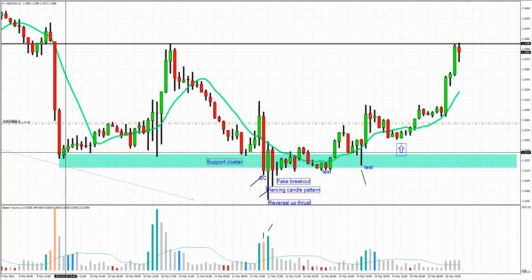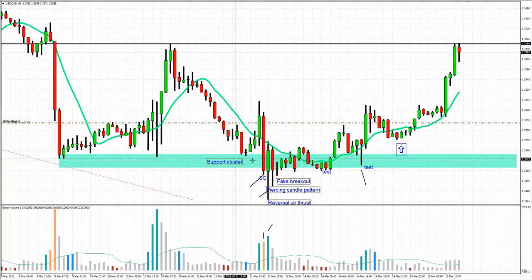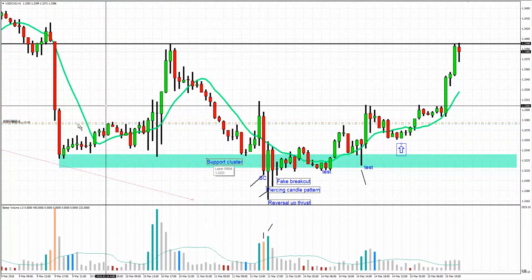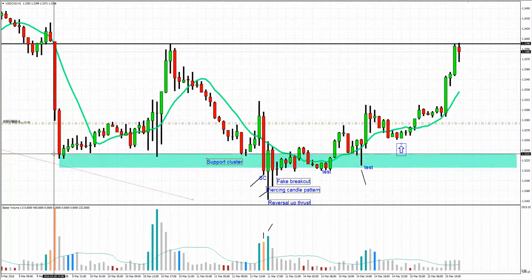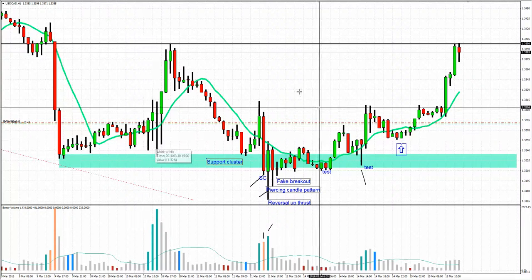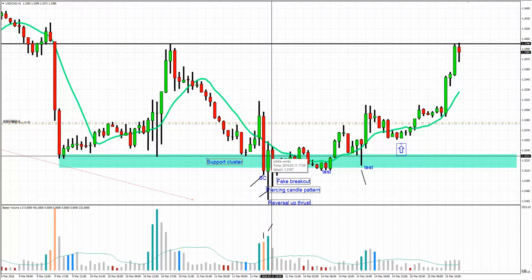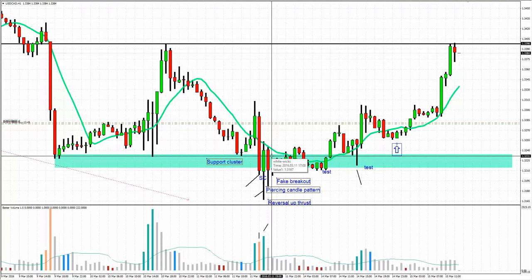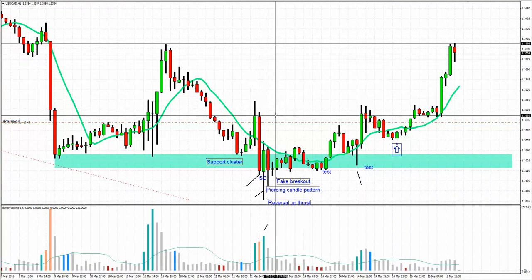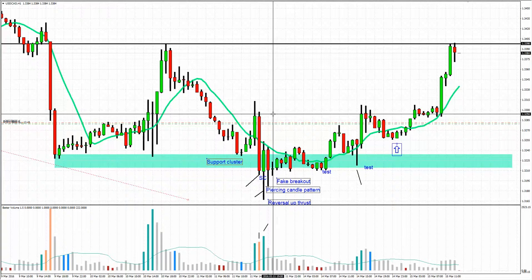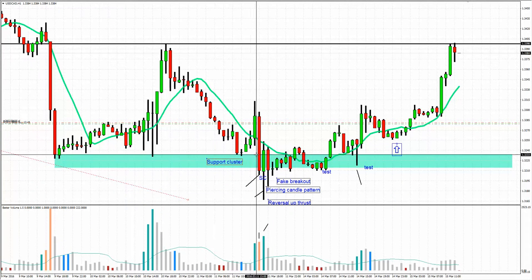Not just that, it's important where that happened. It happened on the support cluster, which was established in previous days. This was March 9, March 10. If this happened in a non-critical area where there is no support or something like that, it's less important than if this happened on some cluster or support we established from the previous price action.